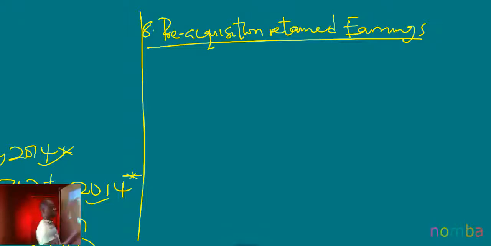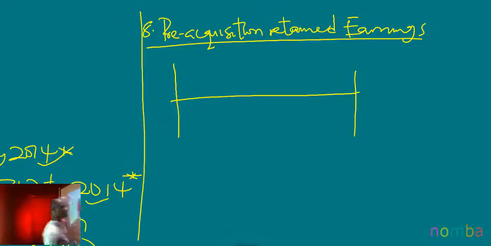Now, this is how you do it. I would advise you to look at it from here. From the question, the year end was 31st October 2014, right? That means the beginning of the year is 1st November 2013, right?